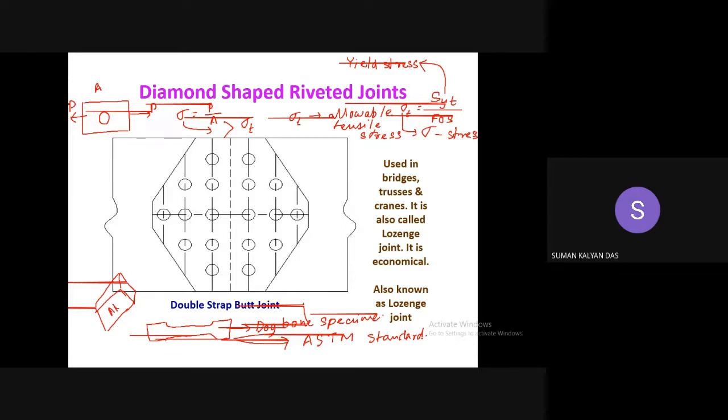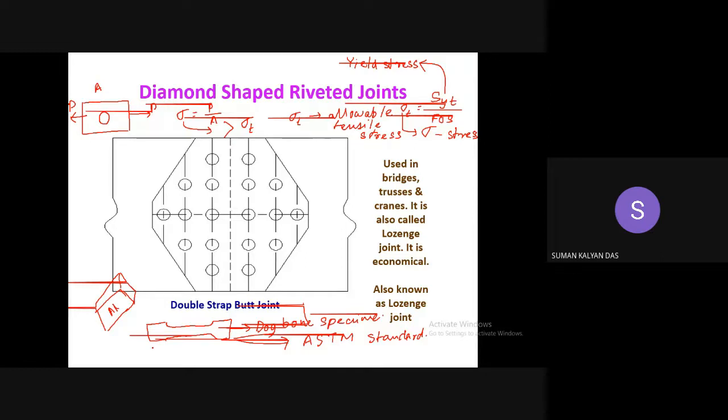What is the importance of publishing these rules? Unless you have proper rules, if I talk about this dog bone specimen, if there is not a certain dimension, people may make this of various size and shape, and that may result in variability in the results, which is not desired.